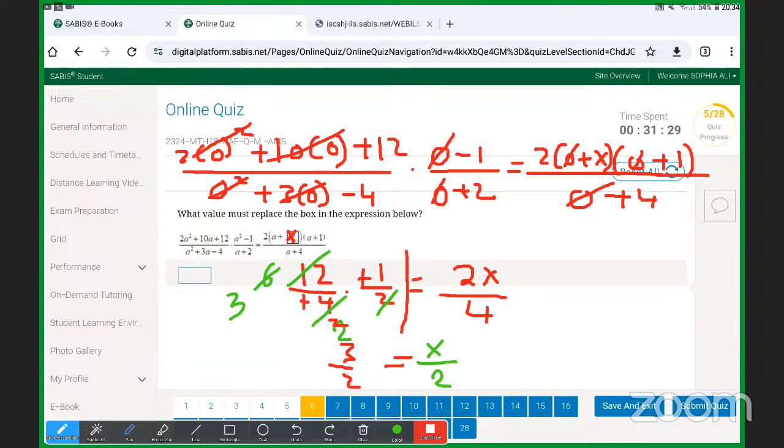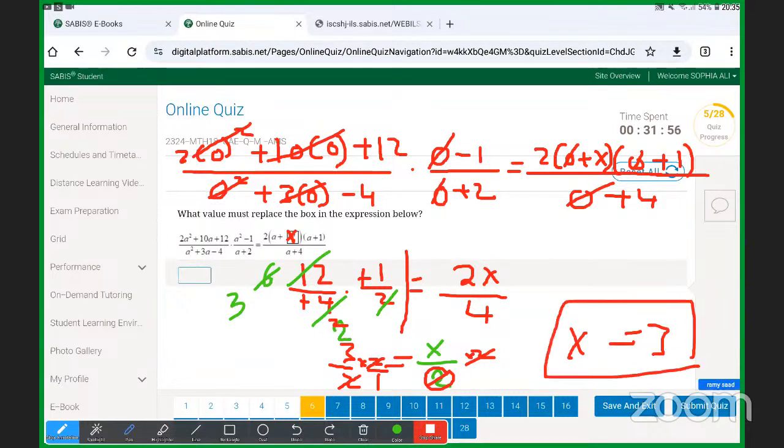What can you do with 2 here? Times 2, times 2. Oh yeah. So 2 will be cancelled by 2. So it will be 2 over 1 here. So 2 will be cancelled by 2. So x will be 3.